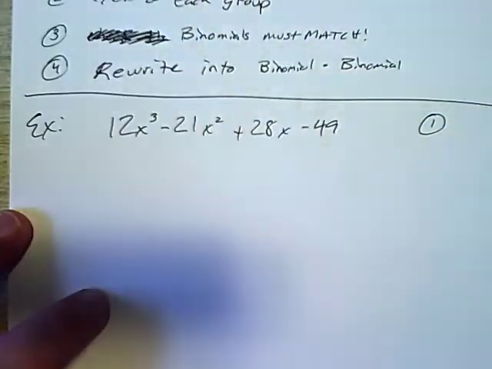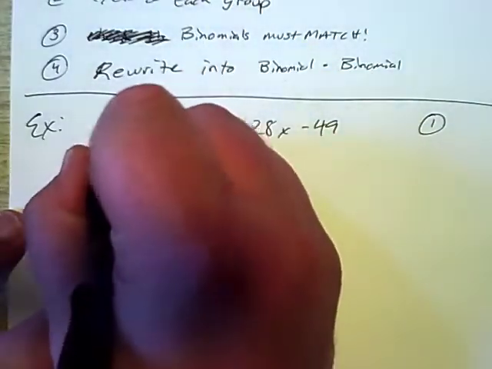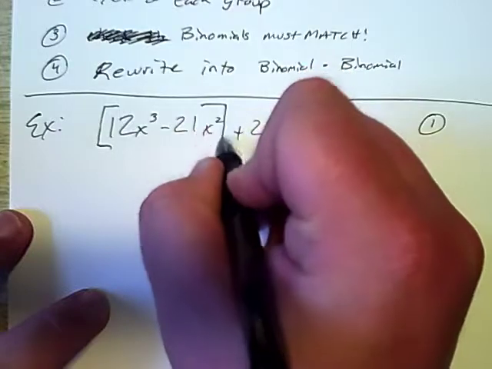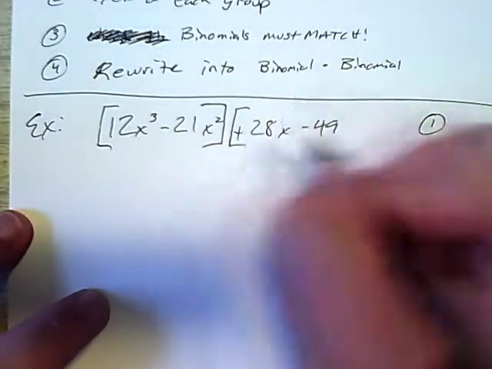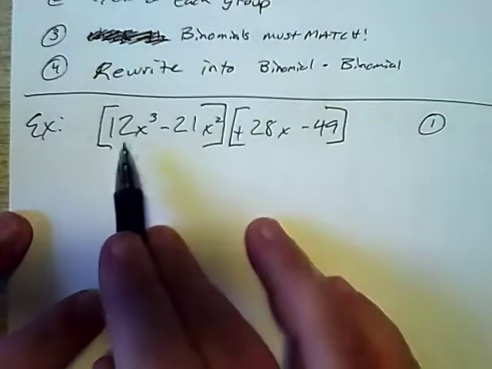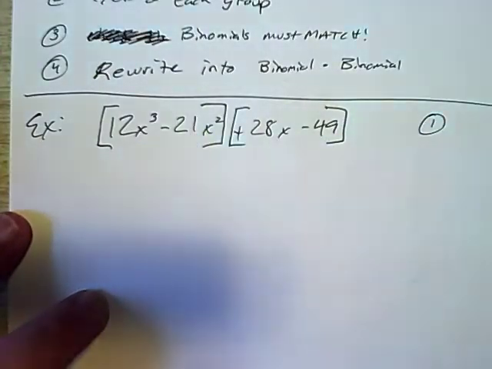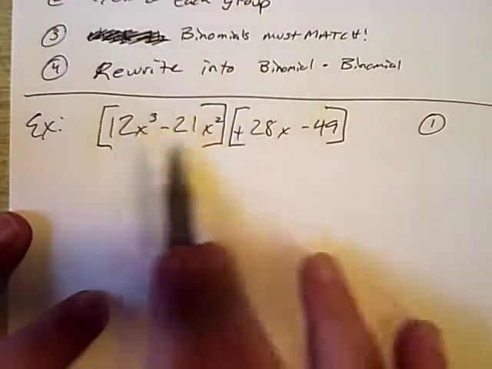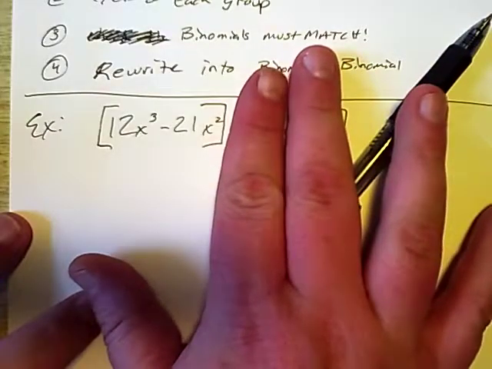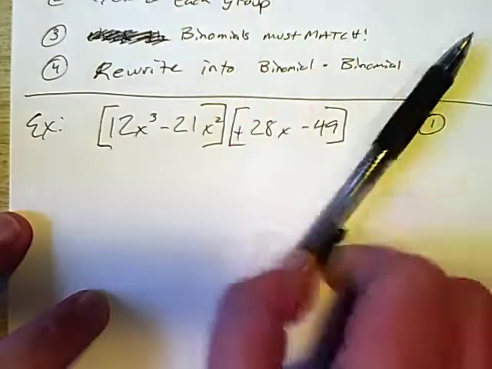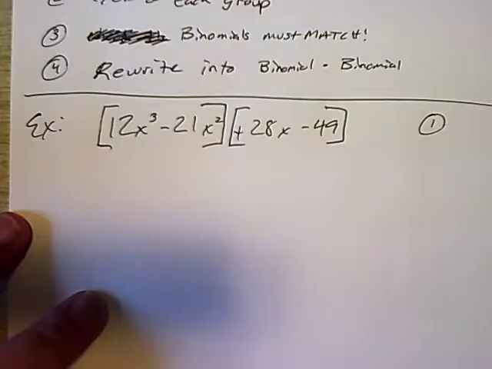You can't see it, but group the first and second terms. So I'm going to put brackets here, and I'm going to include my sign and put brackets around the second. So 1 and 2, 3 and 4. Now we've separated into two different groups. Now I want to find the greatest common factor here, just in the first group.